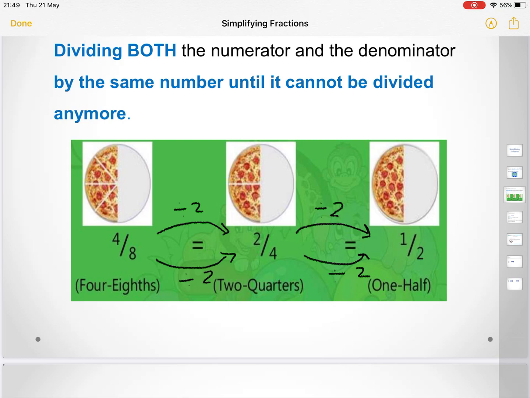In that case, if I had divided the 4/8 immediately by 4, by the greatest number, because 4 and 8 are multiples of 4, so if I had divided both the 4 and the 8 by 4, I would have ended up immediately with 1/2, because 4 divided by 4 is 1, and 8 divided by 4 is 2, okay?